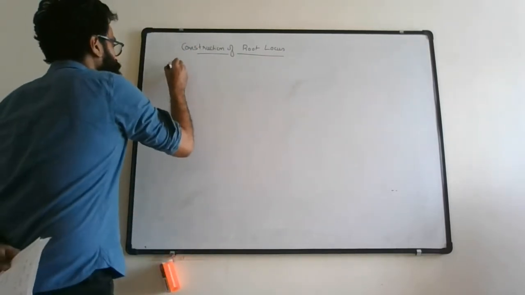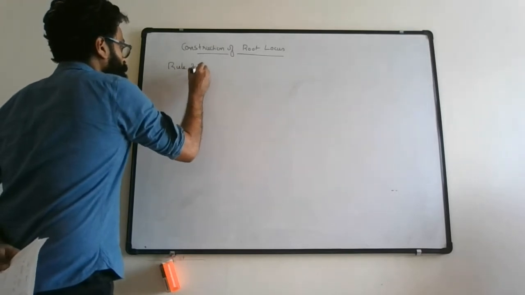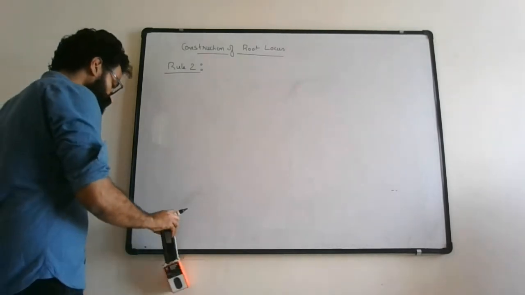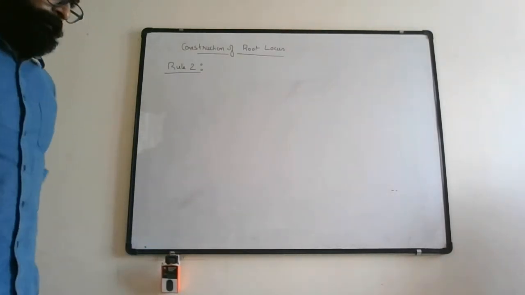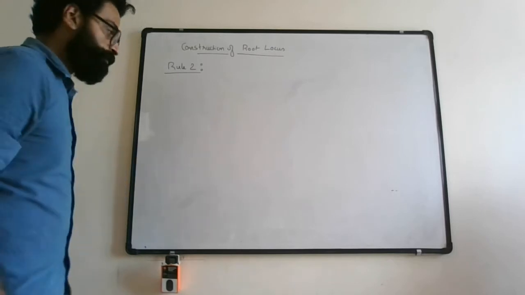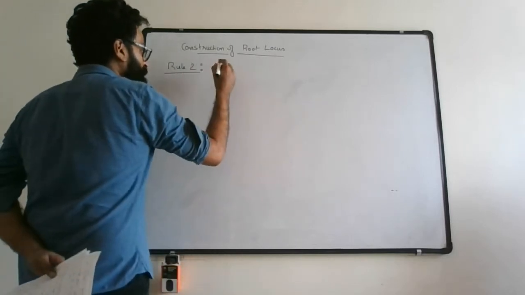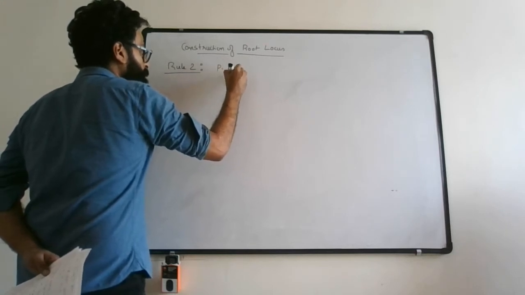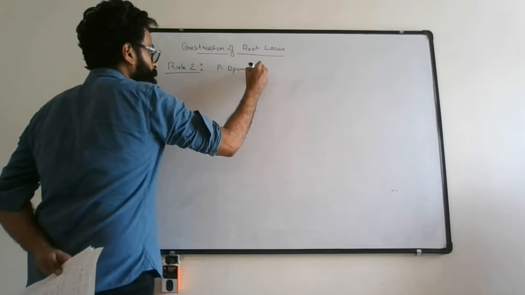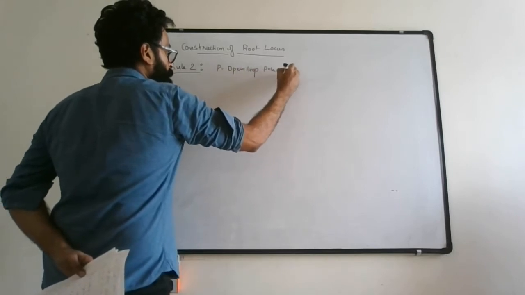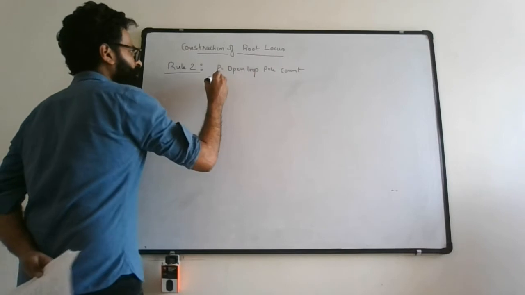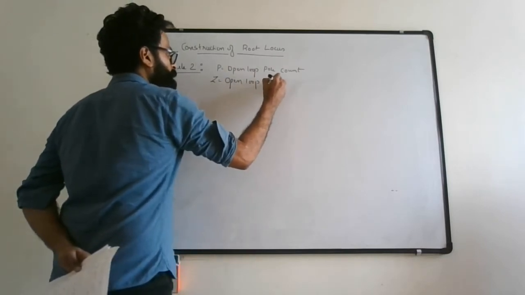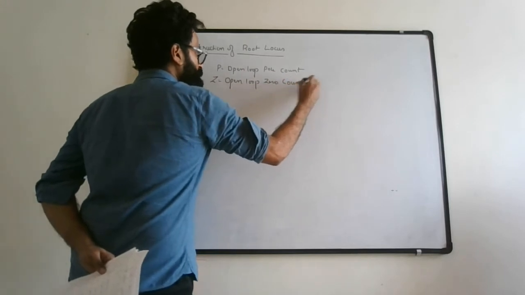Rule 2 is about the information of open loop poles and open loop zeros. Let us define P as the open loop pole count and Z as the open loop zero count.